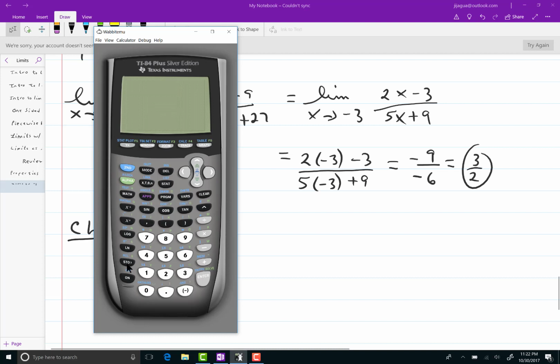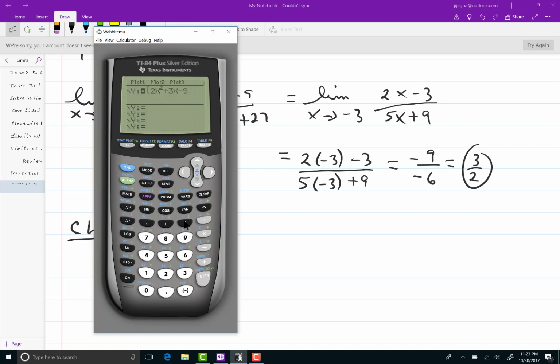I'm going to, once again, put the original function into the calculator. Let me clear whatever's in y1 and y2. And then I guess I'll put it in y1. We had 2x squared plus 3x minus 9 in parentheses.